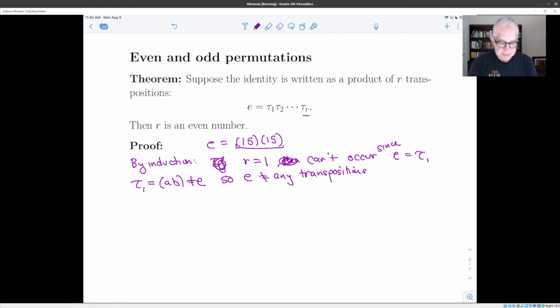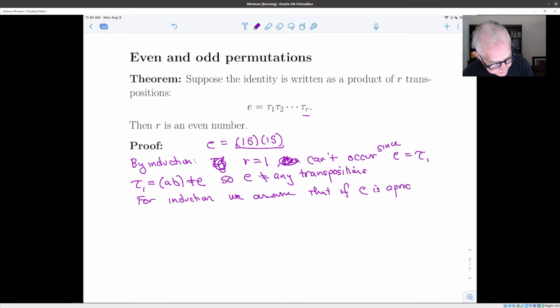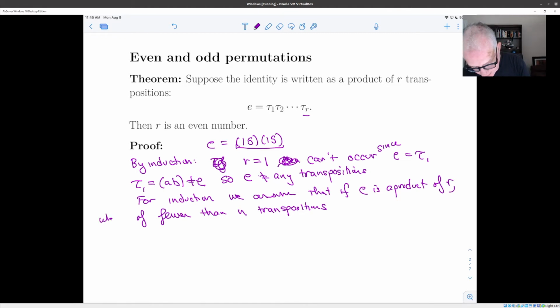Certainly we can write E as a product of 2 transpositions, but we're going to assume, so for our inductive hypothesis, we're going to assume that if E is a product of fewer than n transpositions, let's say R, so R is less than n, then R is even.